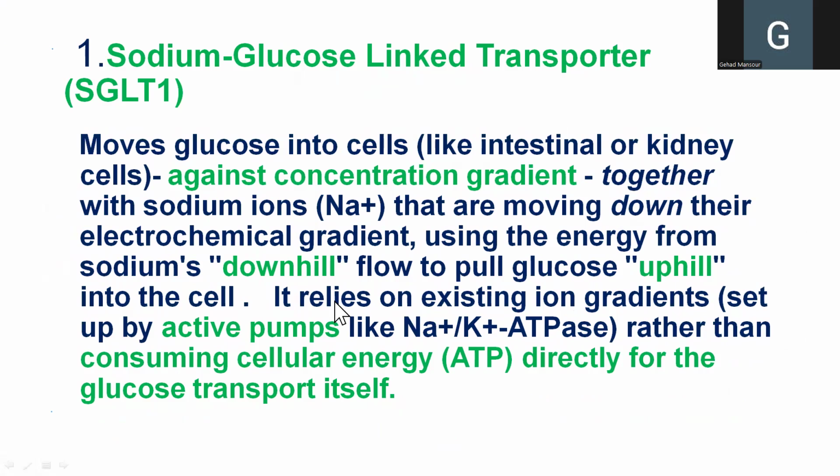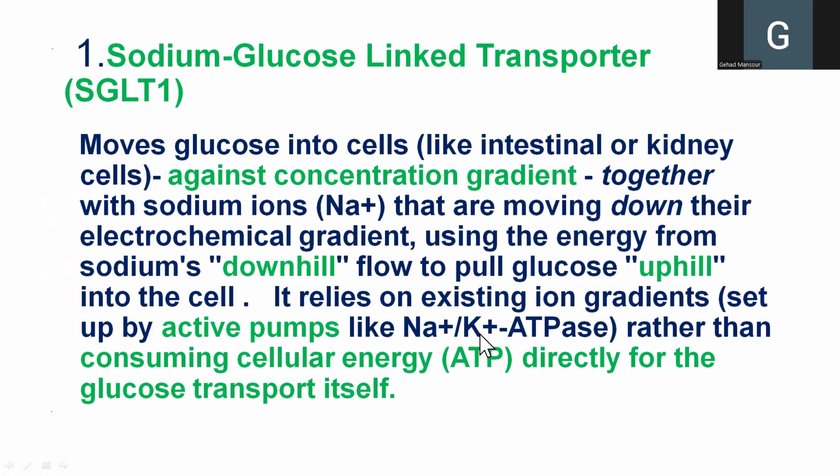This is a kind of secondary active transport, as we have just explained, because it relies on previously existing ion gradients. And that ion gradient, in case of sodium, was set by an active pump like the sodium-potassium pump. And we call it a sodium-potassium ATPase pump because the sodium-potassium pump pumps sodium and potassium against concentration gradient in opposite directions.